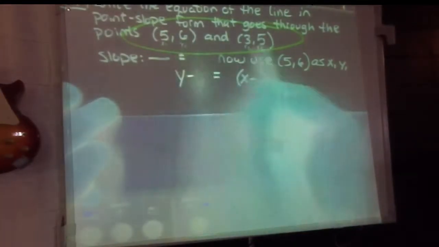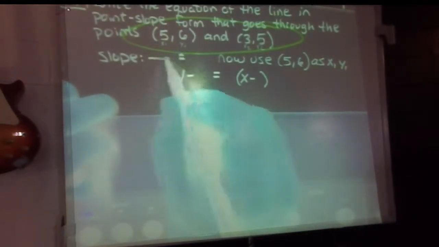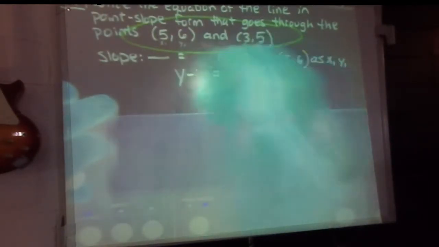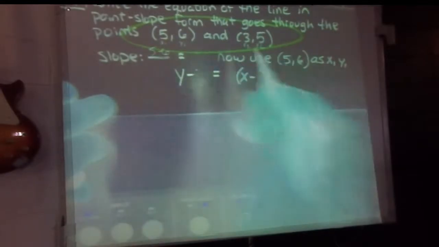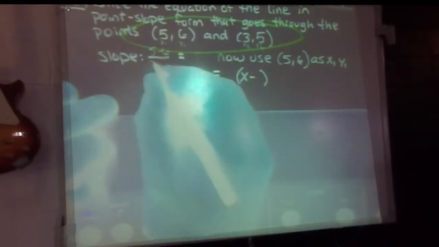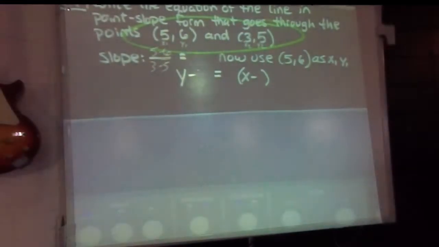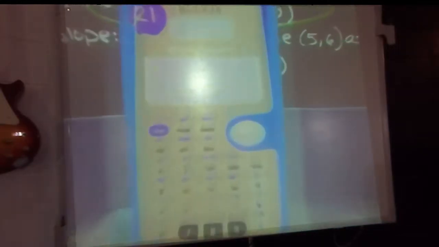So if I'm going to calculate the slope, I'm going to say what minus what up here? 5 minus 6 over 3 minus 5. And what I would do, I wouldn't even write things down. I'd go straight to my calculator, because it's going to reduce for you. It's going to just make it that much easier. So I go 5 minus 6 over 3 minus 5.